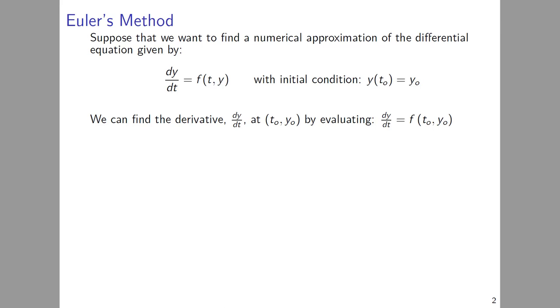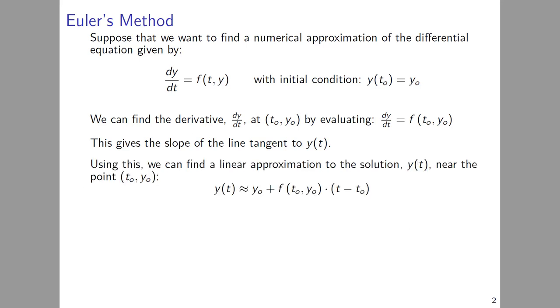And recall from calculus that dy/dt gives the slope of the line tangent to y of t at that point. Using this, we can get a linear approximation to the solution y of t near the point (t naught, y naught). This is given by the formula y of t is approximately y naught plus f of (t naught, y naught) times (t minus t naught).